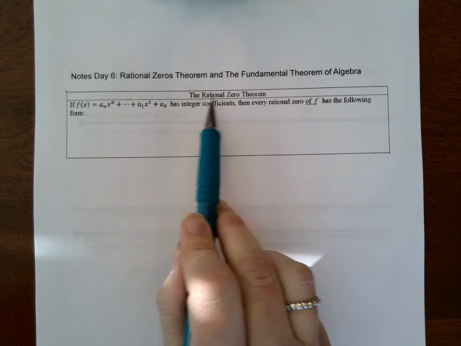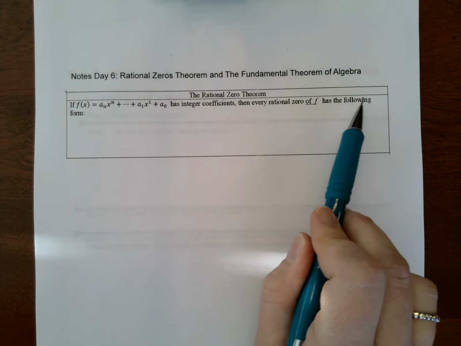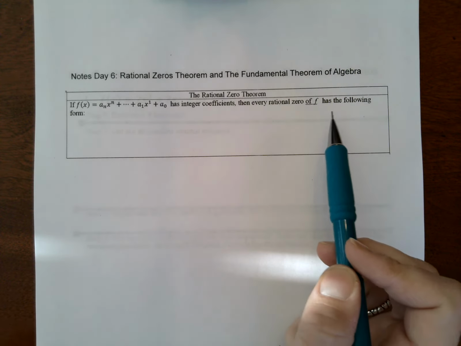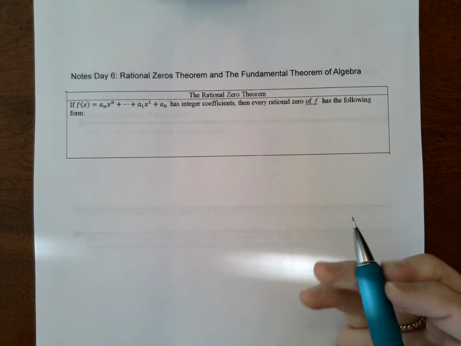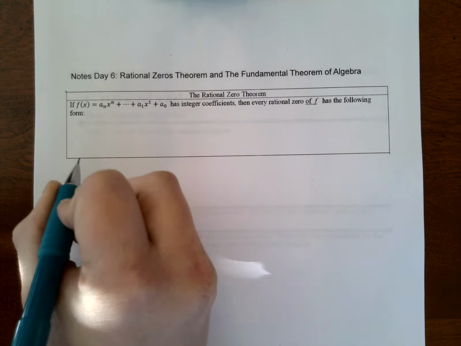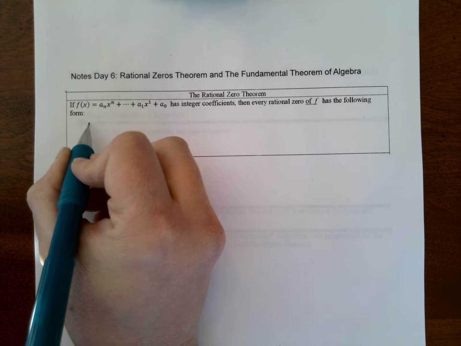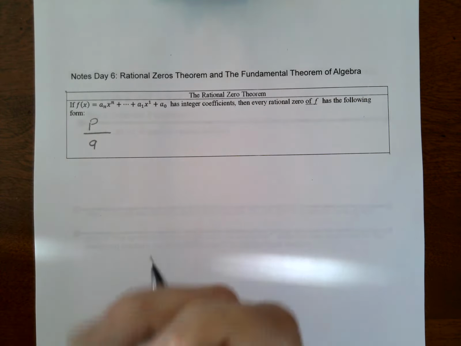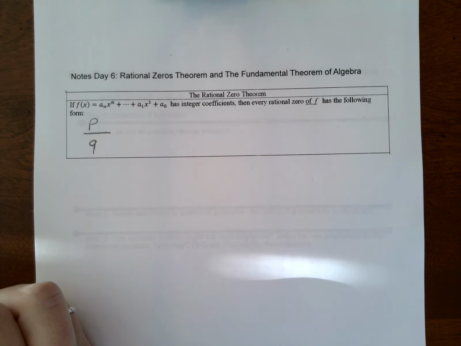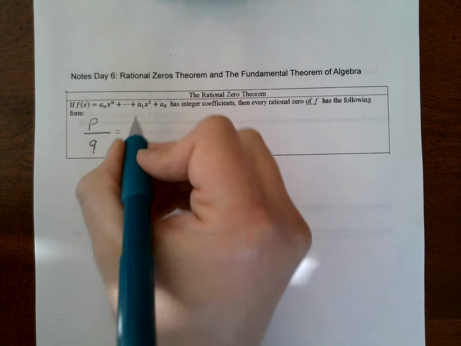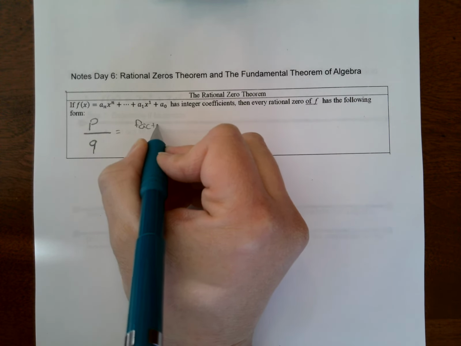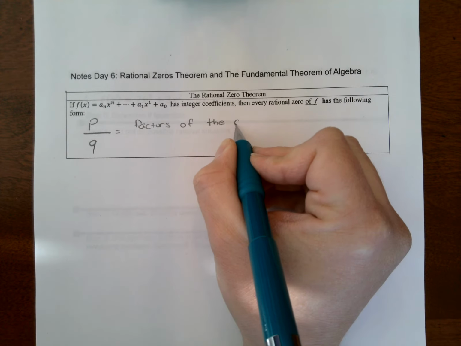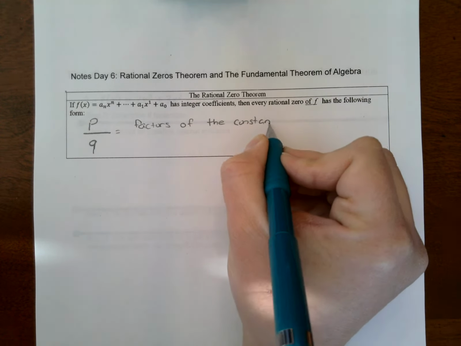So we have what's called the rational zeros theorem. This is all, you can read it. If you have a function that has integer coefficients, then every rational zero of the function is in the following form. So this is a list of possible rational zeros. So we call it a list of P over Q. P stands for the factors of the constant.